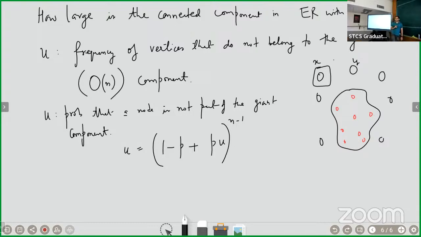What really happened? I came in. The fact that I don't get to join this giant component means either I don't have an edge to a Y, or I have an edge, but the Y is itself not connected. And this has to be true for every possible node, because otherwise I'll become part of the giant component. So that's why taking the complement is easier.